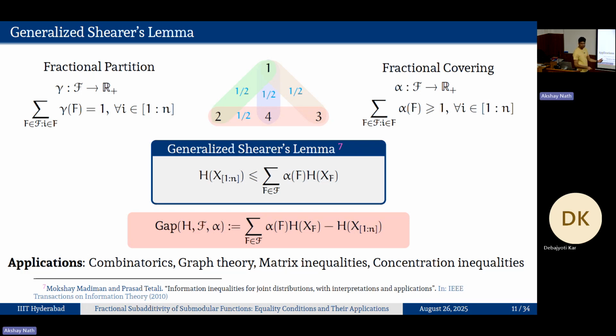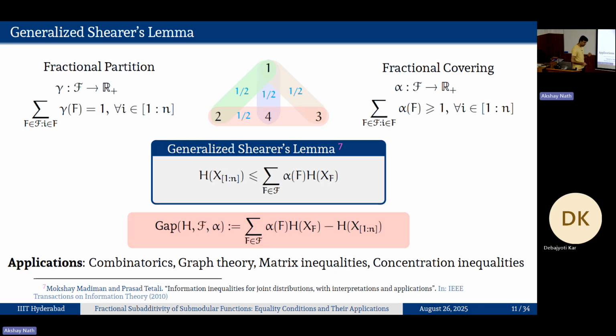Shearer's lemma has been used in combinatorics multiple times in various results, and it has applications in graph theory. For example, a slightly stronger version of this has been applied to counting homomorphisms and counting independent sets. There are a lot of counting problems which can be tackled with this formulation.